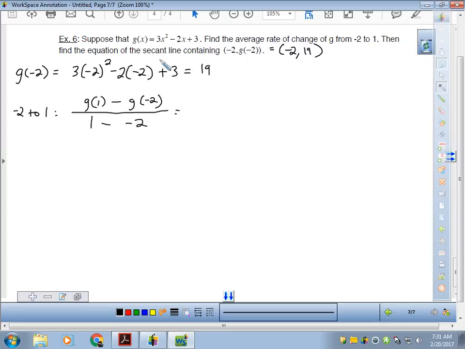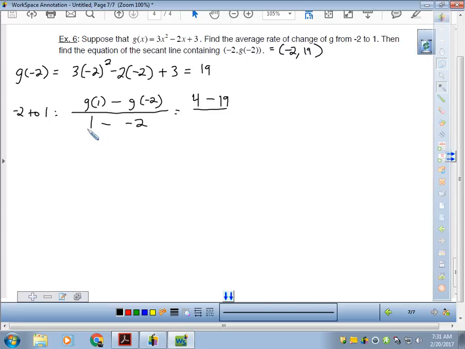So we're going to have 3 times 1 squared minus 2 times 1 plus 3. And that gives us 4. Minus g of negative 2, well, we actually found that just a second ago. g of negative 2 was 19. Put that in right there.